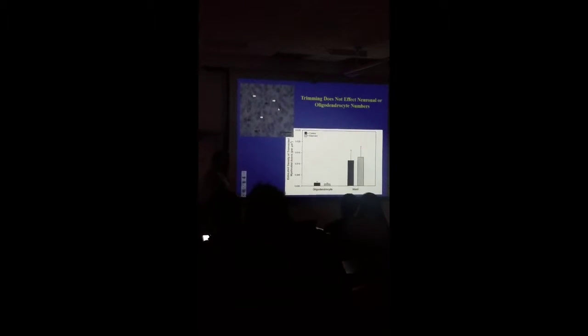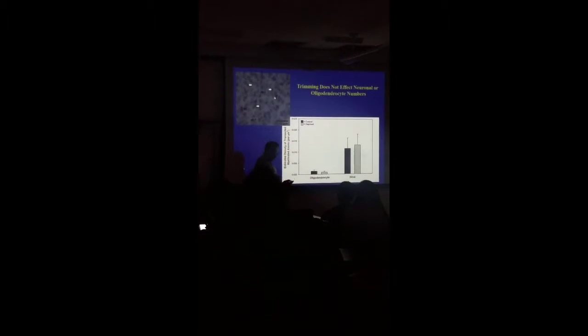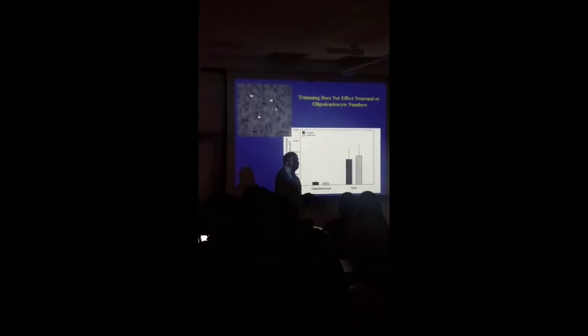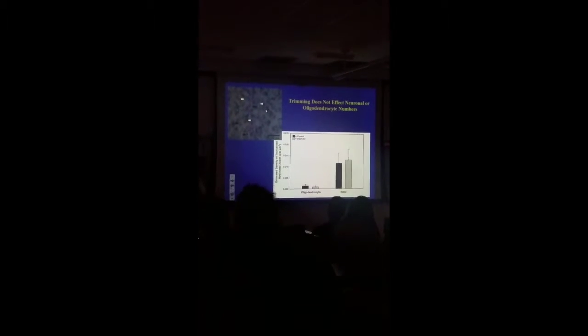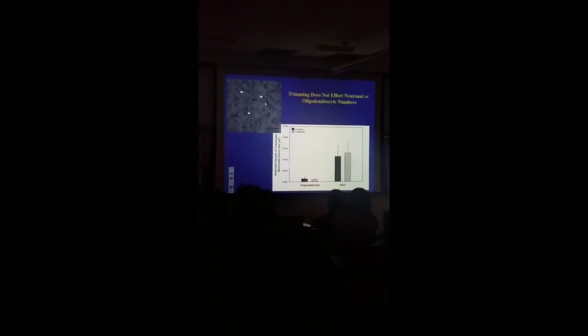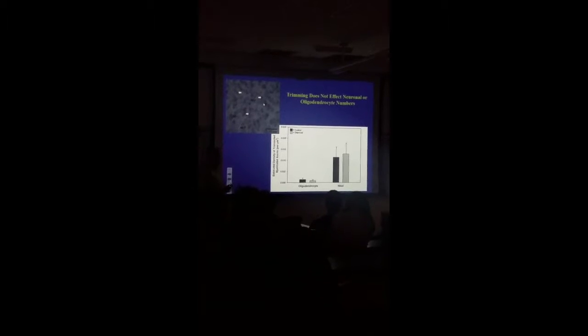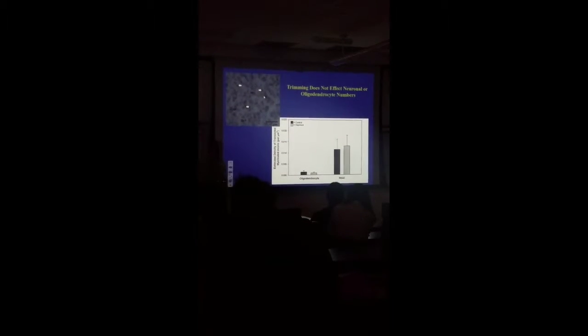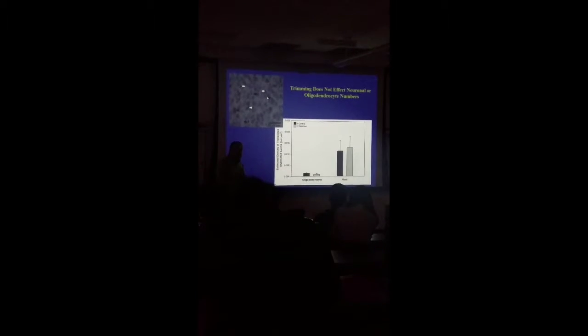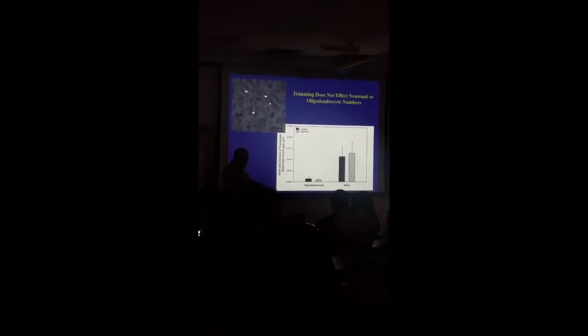And so we asked the question, why is there less myelin? We have this trimming, we know it's affecting the dendrites of the cells, we know it's affecting some other things. Why is it affecting the oligodendrocytes, which are the cells that produce the myelin? So we do immunocytochemistry, which is a technique in which we can stain for different cell types.